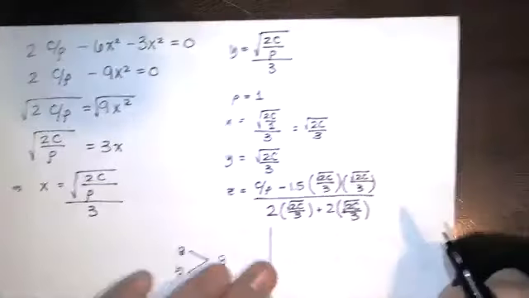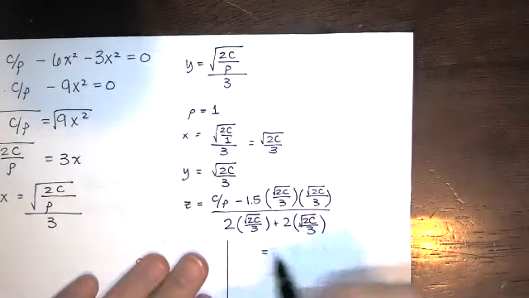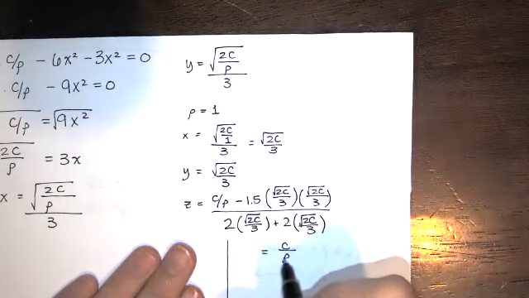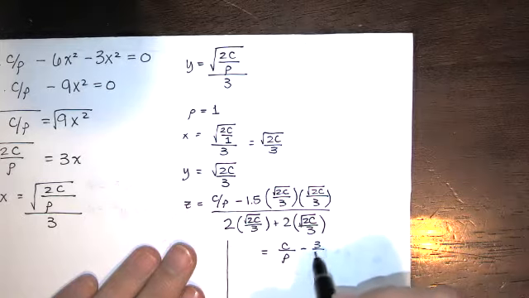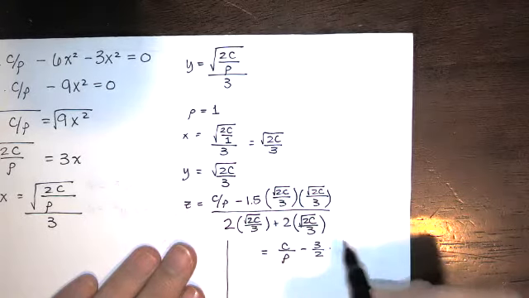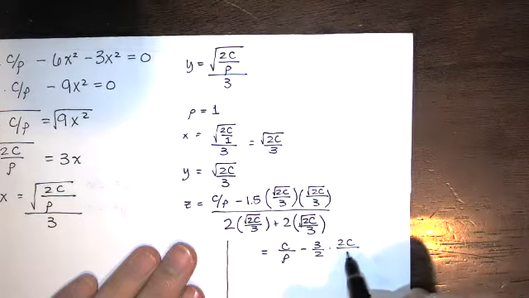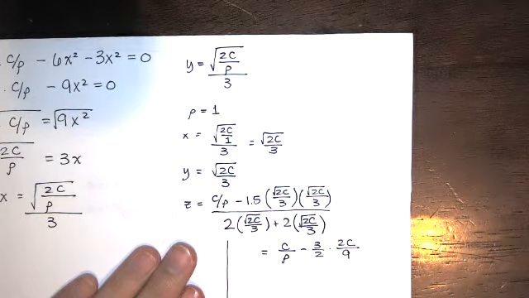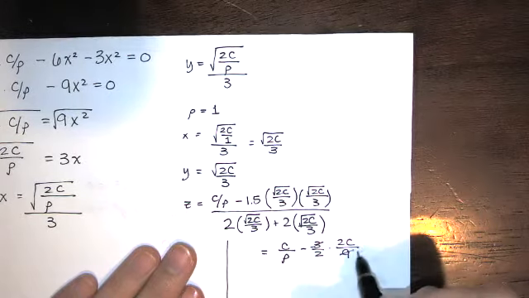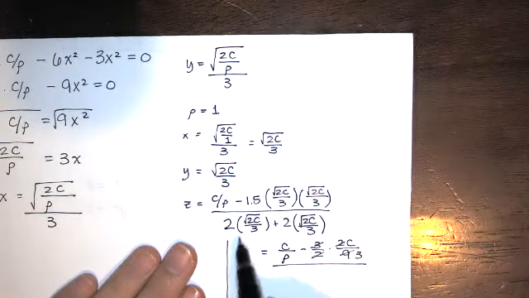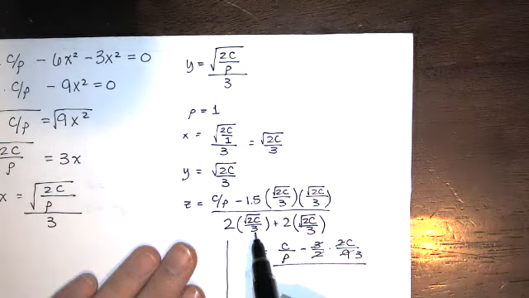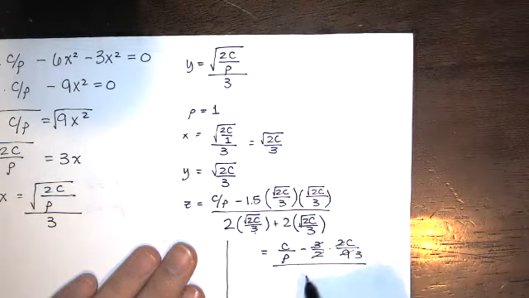And then there's a little bit of arithmetic that we have to do to get z by itself. So we've got c over rho there. I would call that 3 over 2 just to make the arithmetic easier. That square root times that square root just gives me a 2c. And then I've got a 9 right there. Well, that 3 goes into that 9 3 times. The 2's reduce as well. So we've got that. And in the denominator, you've got 2 over 3 of those plus 2 over 3 of those. That's 4 over 3 of those.